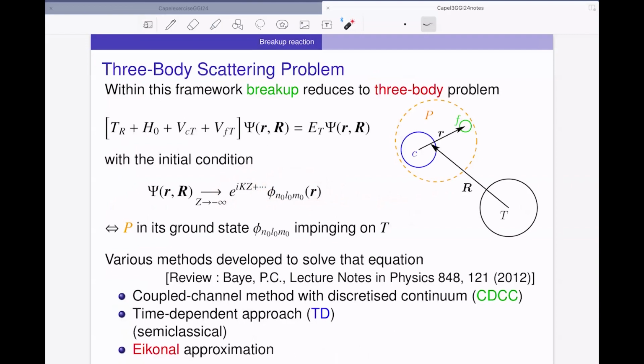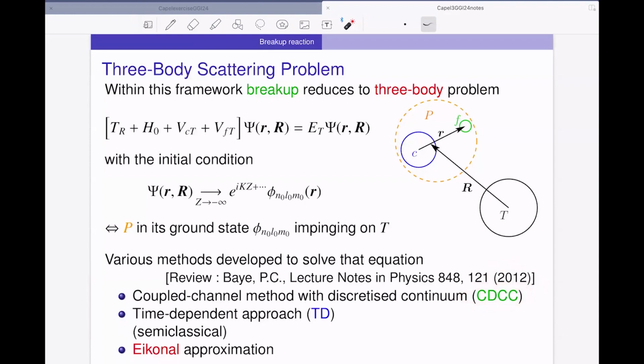And there are many different ways to solve this problem. So we have published a chapter on this. I usually say it's recent, but you will probably think that it's a bit old. And so what I will do is focus mostly on CDCC, so the coupled channel with a discretized continuum.